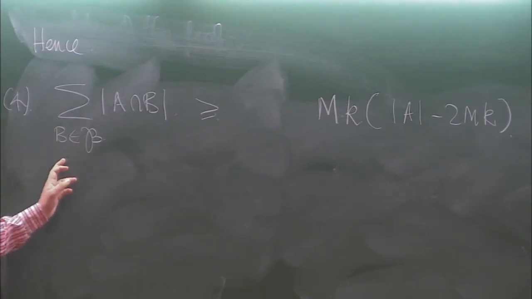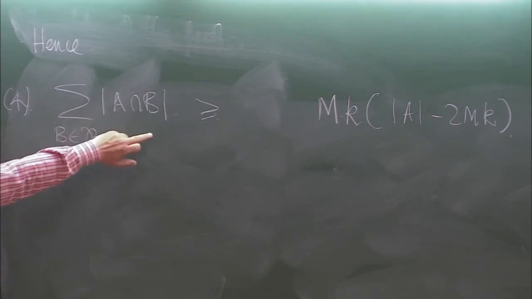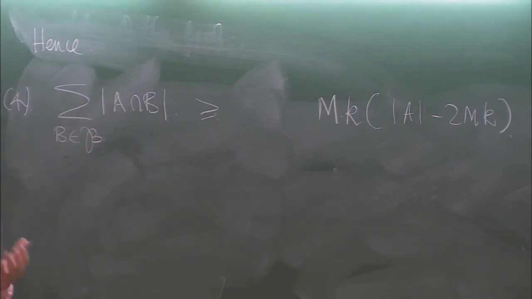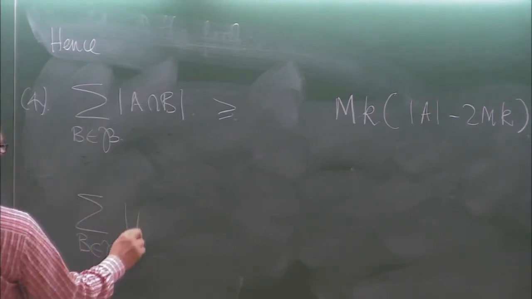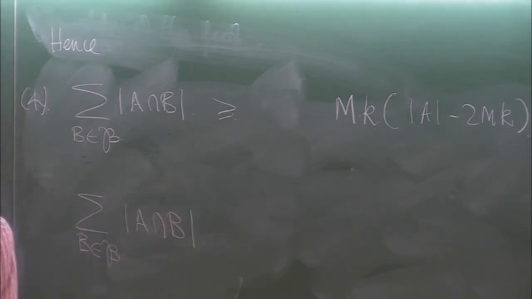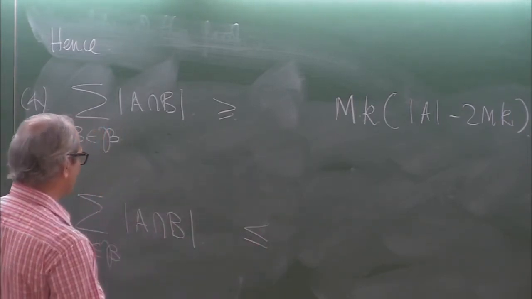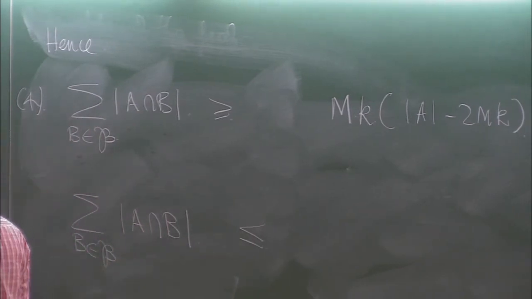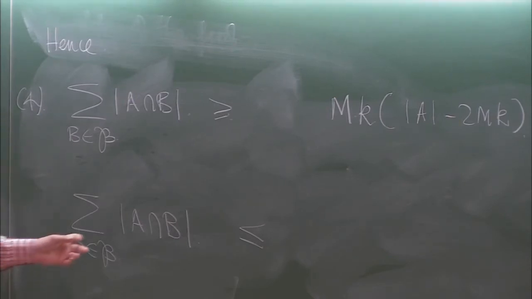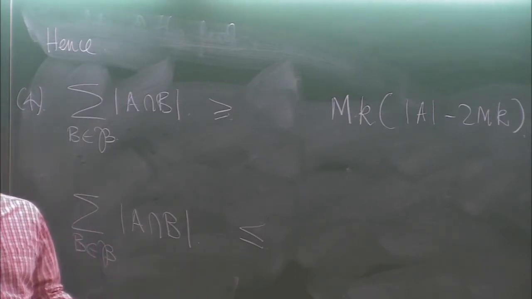Now we have to extract from this a lower bound for that subfamily of A intersection B, consisting of all those B's for which A intersection B is bigger than R of M. Okay. So how do we do that? The first moment method tells you that you have to rewrite this as cardinality A intersection B is now less than or equal to, for those B's that belong to the class C, to the family C, A intersection B is less than or equal to the cardinality of B, which is M, because B is an AP of M terms.